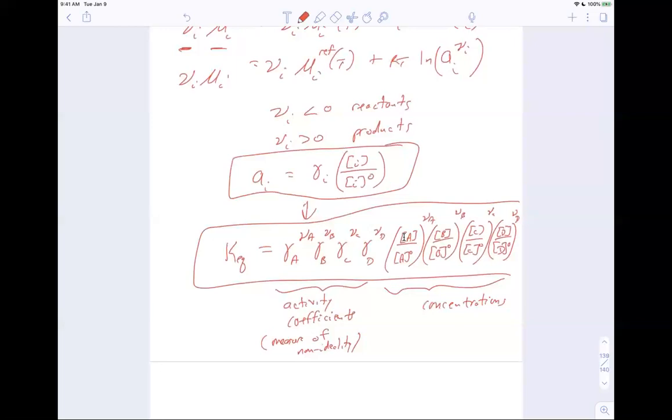There are no units because all of the units cancel out. Molarity divided by molarity will leave you something that is dimensionless. So the equilibrium constant is most rigorously derived using thermodynamic principles. And this expression, you can trace back to the first and second laws. That's all it is. It's a representation of the first and second laws.